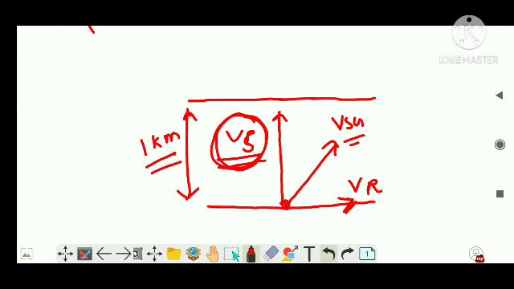Whereas this displacement in which direction, right? In this direction, this is the A position and this is the P position. So this displacement is caused by which velocity component? By the horizontal component, that is VR. Clear? Right?